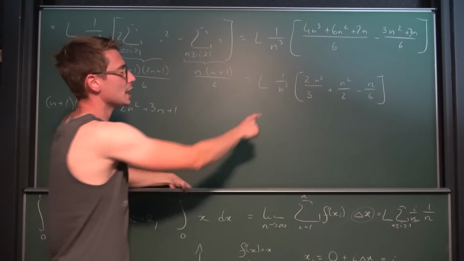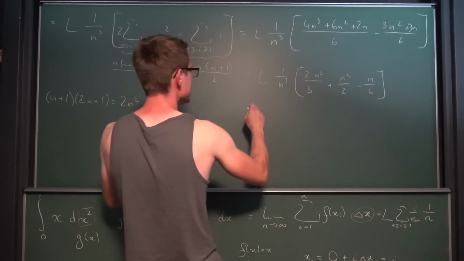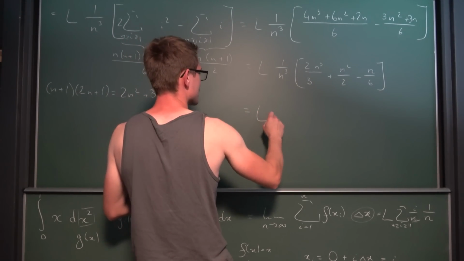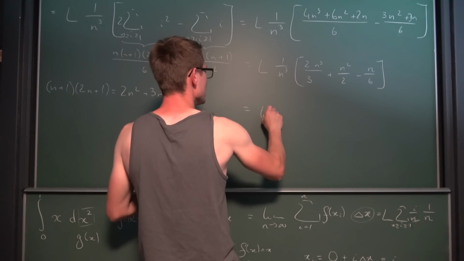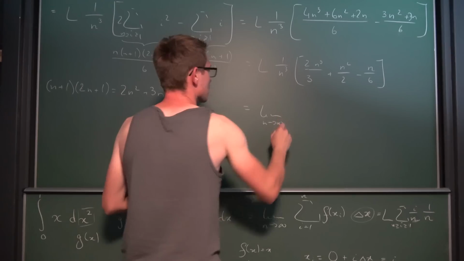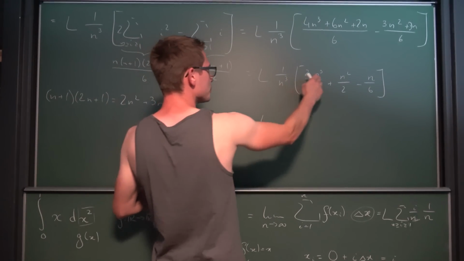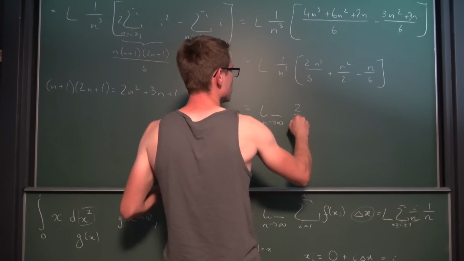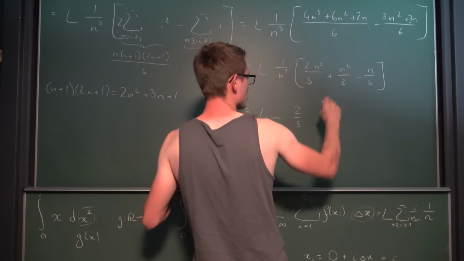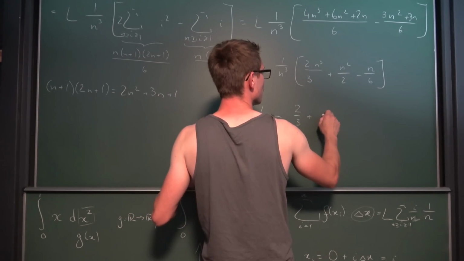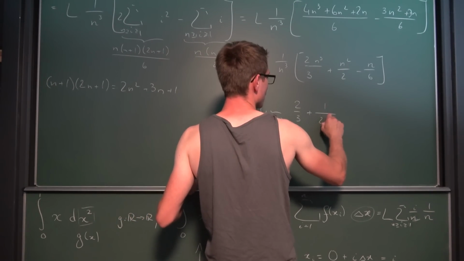And now we can bring our 1 over n cubed into here and see if we can cancel stuff out. So this is the limit as n approaches infinity. Now I'm going to write it out in the last step. n cubed and n cubed are going to cancel out, so we get 2/3 here. Then we have n cubed and n squared. We are going to be left with a 1 over n in some kind of way, so 1 over 2n.